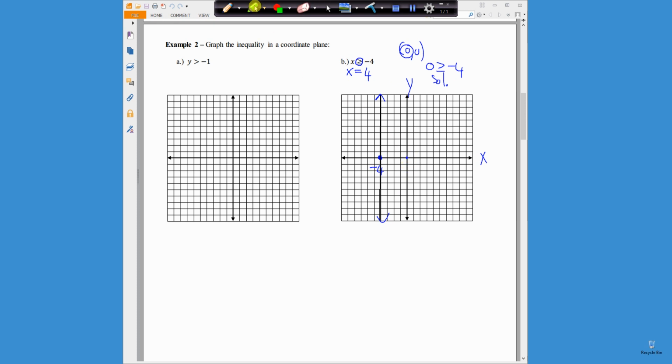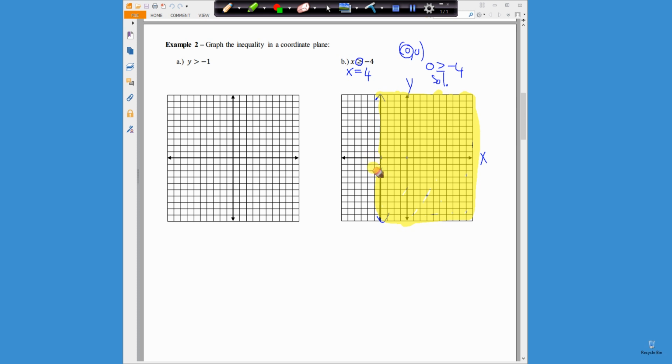So when I'm shading, I know that I need to shade on this side here. Go ahead and shade that, and so this area here is my solution area. All the points that lie in this area here are my solutions.